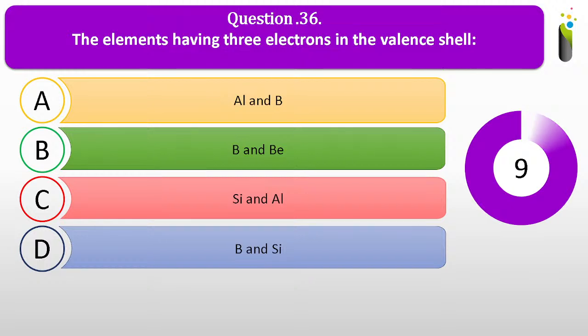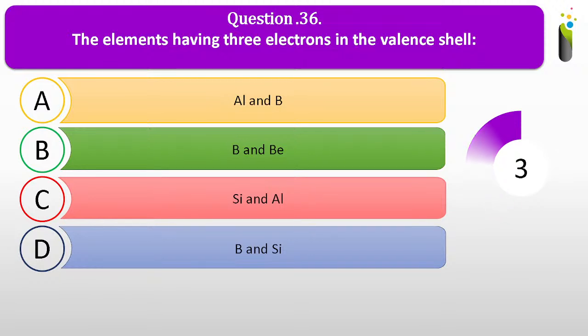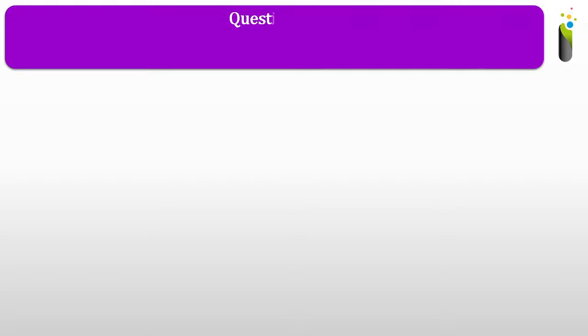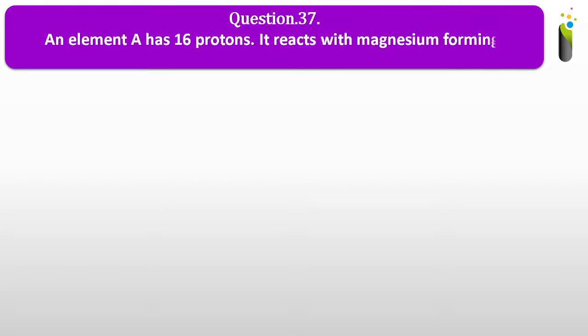So the elements having 3 electrons in the valence shell. The correct answer for this question will be A, aluminium and boron. Question number 37. An element A has 16 protons. It reacts with magnesium forming dash.